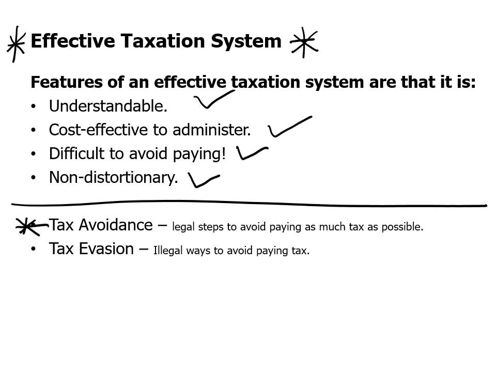This is perfectly legal. However, tax evasion is an illegal way to avoid paying taxes, and this you don't want to do, ladies and gentlemen. This is what happened to Al Capone and why he was locked up. If you're supposed to pay tax and you evade your taxes, that is bad.